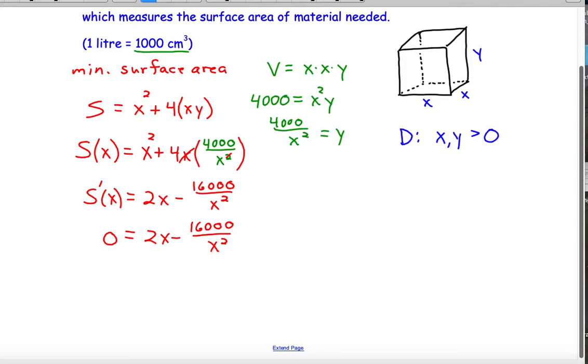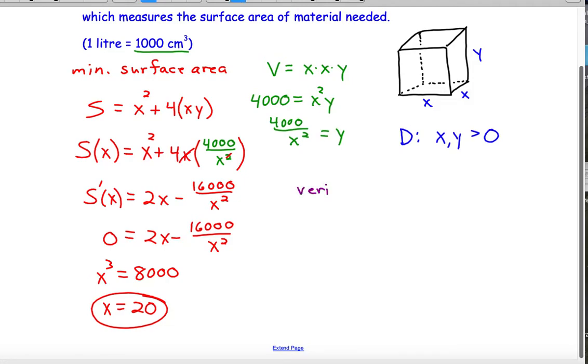So basically we've got 2x is equal to 16,000 over x squared, so we have x cubed is equal to 8,000. And that's a perfect cube, so x is equal to 20. All right, so we're feeling pretty good. That's probably our answer. Now we need to verify.